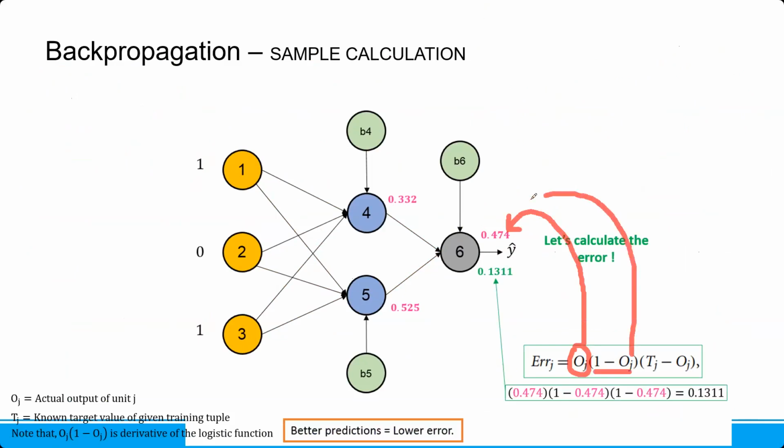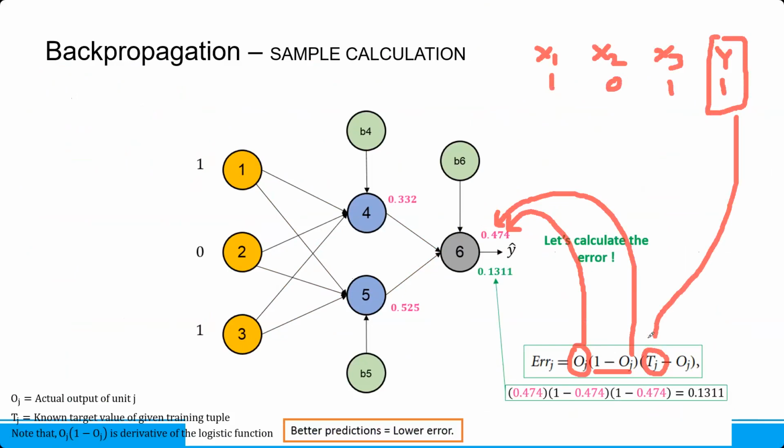And TJ means the target. As I mentioned, for x1, x2, x3 we have y, and the actual value is 1. This is 1, this is 0, this is 1. If I know that this is 1, then we put TJ equals 1.